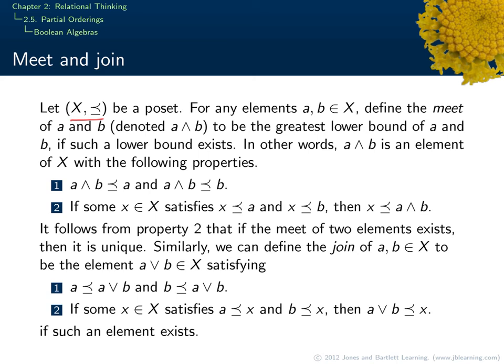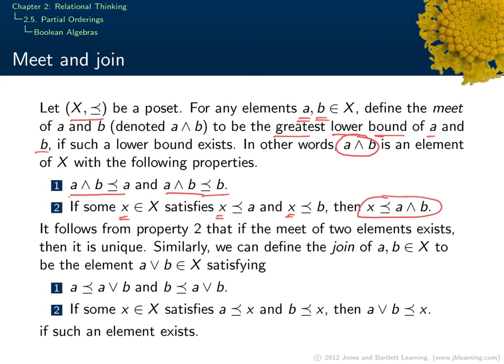And if we take elements A and B in that set, the meet of A and B, denoted like this, is essentially the greatest lower bound of A and B. What that means is that this meet is less than or equal to both A and B. And it's special in that if you have any other element X that is also less than or equal to A and less than or equal to B, then X must be less than or equal to this meet.